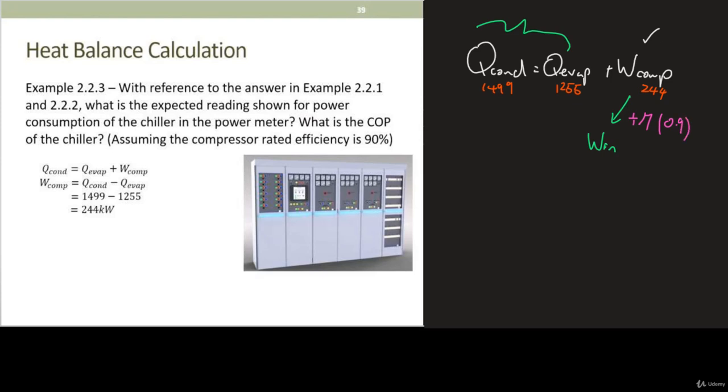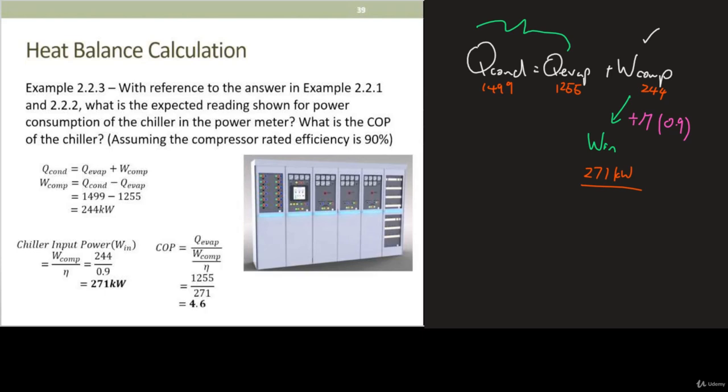So with that, you will get a power input of 271 kilowatts. That will tell you the power input drawn, and you will see this value at your power panel, the power meter.